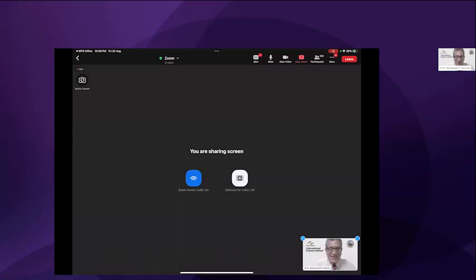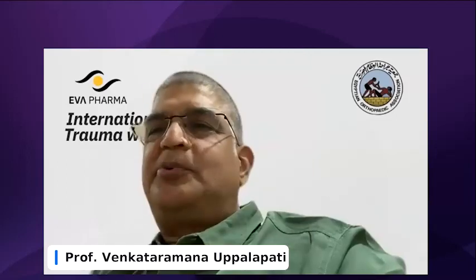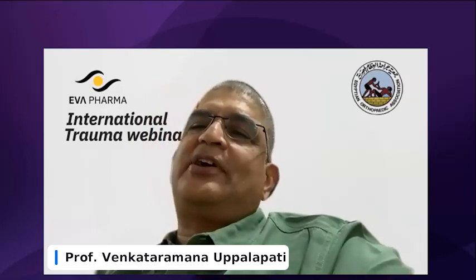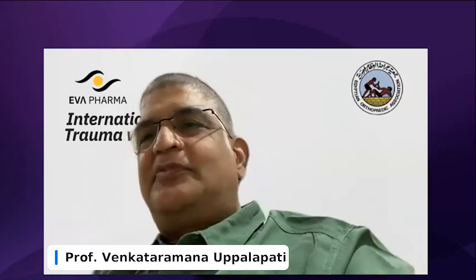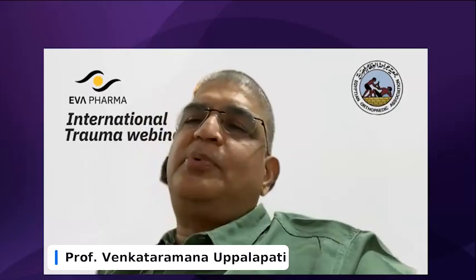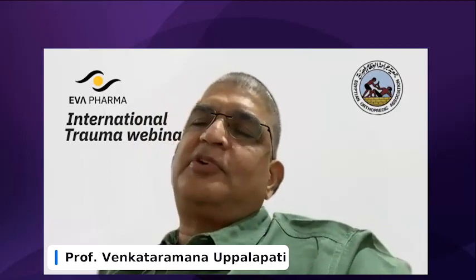First question, if you allow from me, sir, the last case you have presented, you have done a total elbow replacement. She was, as you said, 18 years old and with osteoporosis. What's the reason? No osteoporosis. This is a badly comminuted fracture. And if there is gross osteoporosis in elderly patients also, we can do elbow replacement. That's what I told.